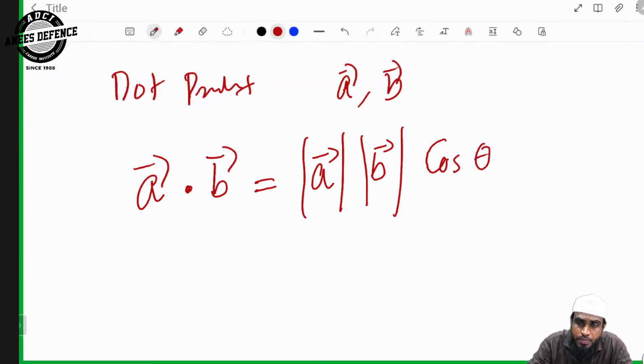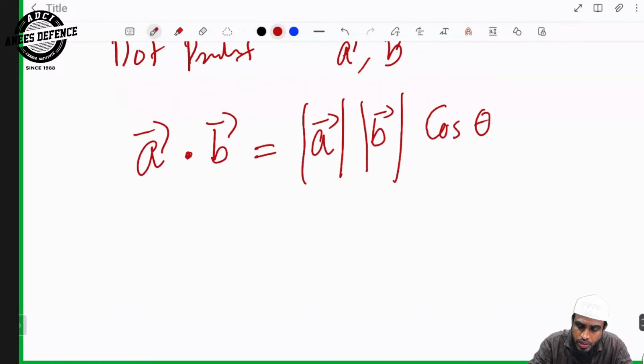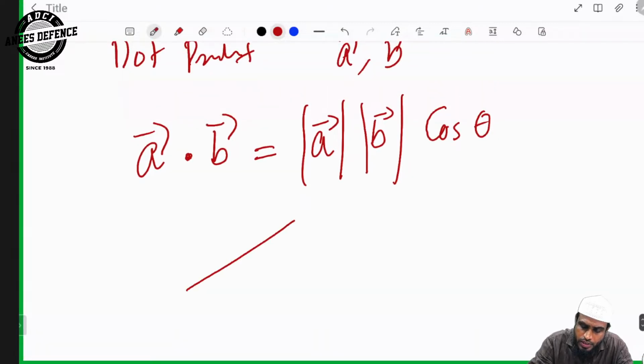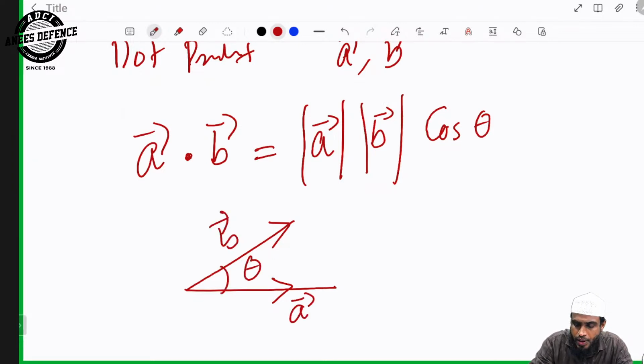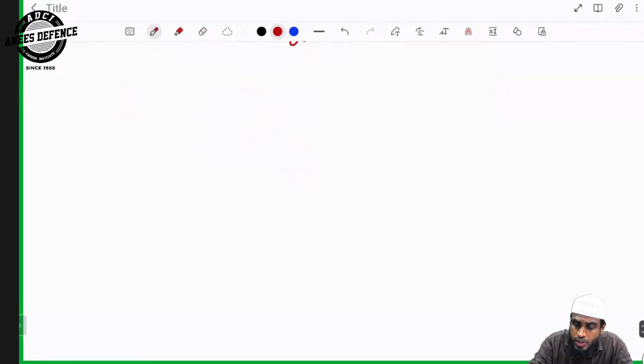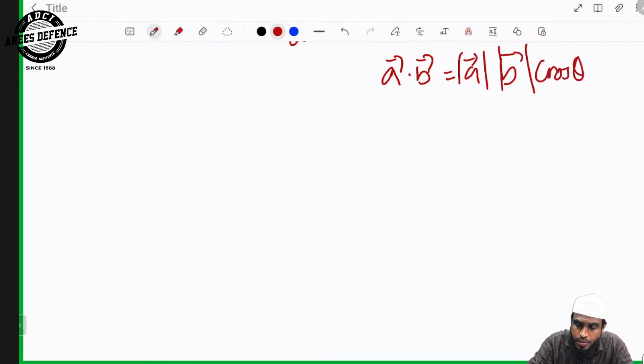So what is theta? Theta is the angle between the two vectors. Then we can check the different cases. So first of all, A dot B is equal to mod A mod B cos theta.